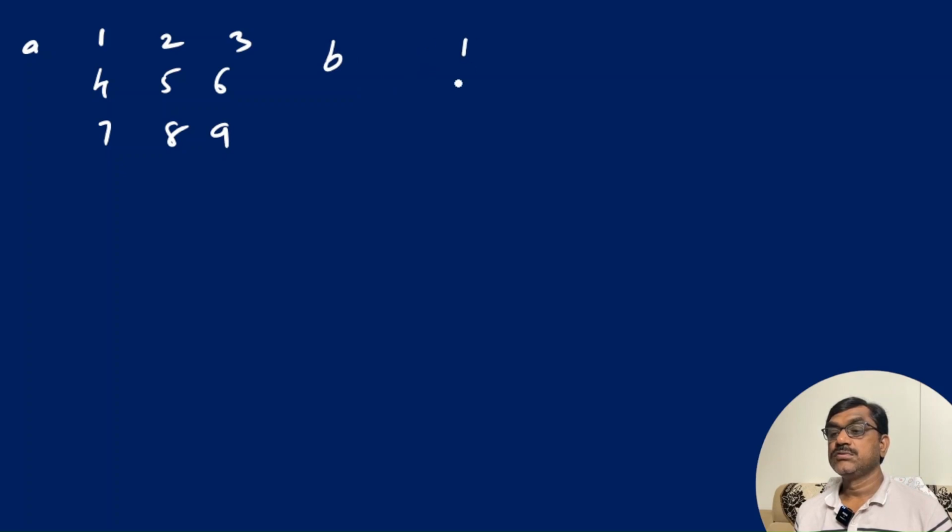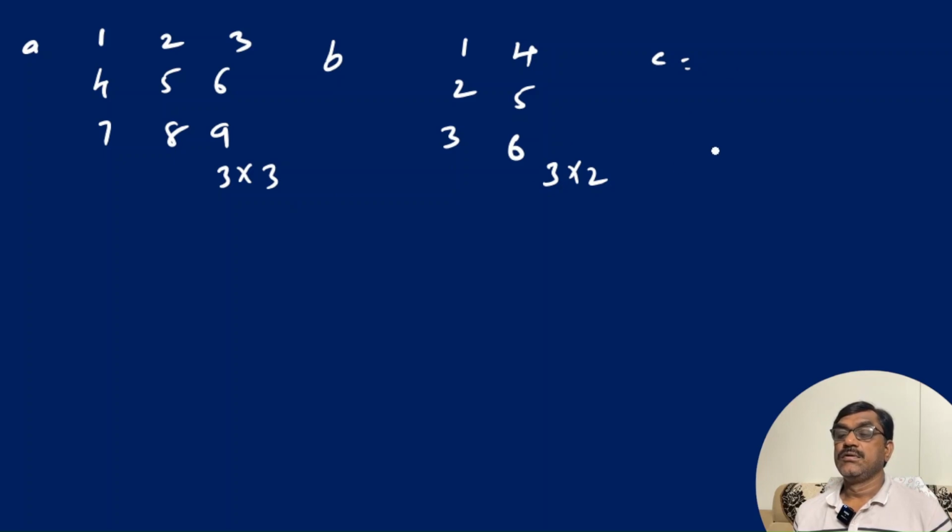Just as I said, A is like this: 1, 2, 3, 4, 5, 6, 7, 8, 9, and B is 1, 2, 3, 4, 5, 6. We know this is 3 by 3 and this is 3 by 2, and we are going to get C, right? Actually, the elements we are printing in matrix form after reading. Here also we are printing in matrix form after reading.